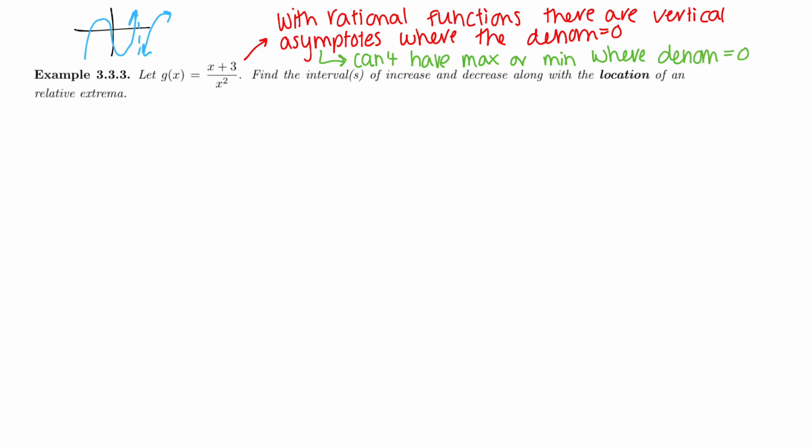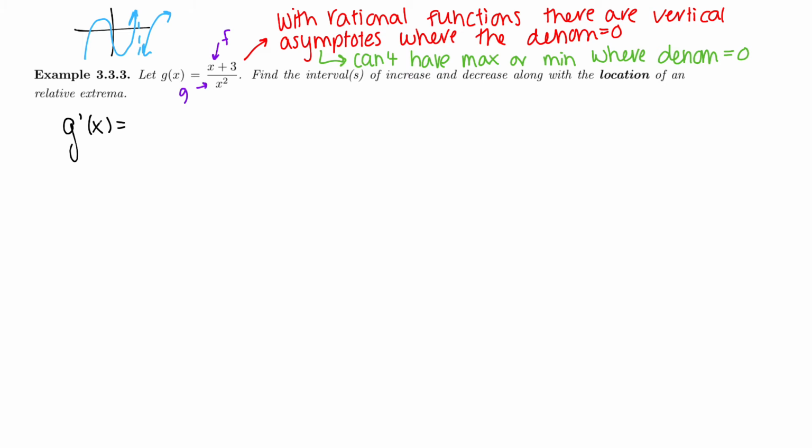And I'll show you how I take care of that. So we're going to do this the same way we've done everything. We're going to take the derivative. This is quotient rule, right? So the numerator is f, the denominator is g.